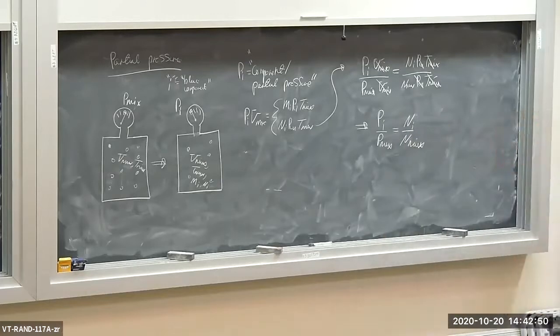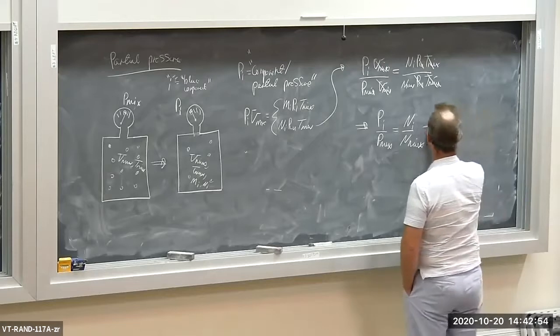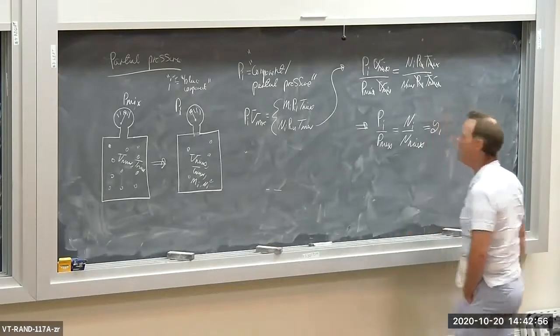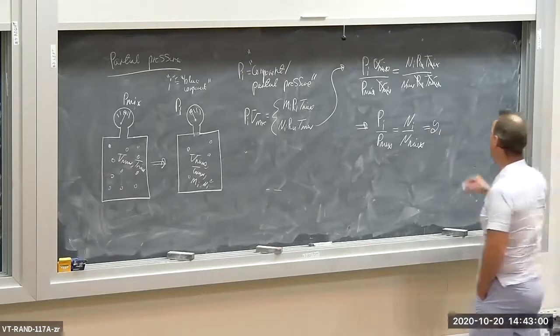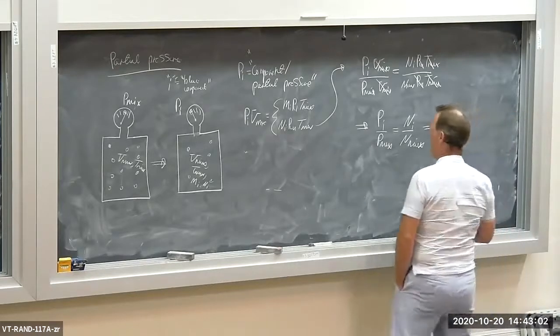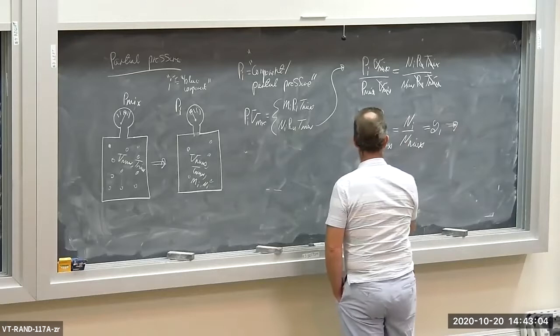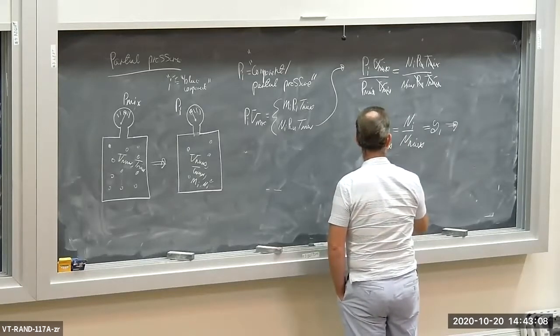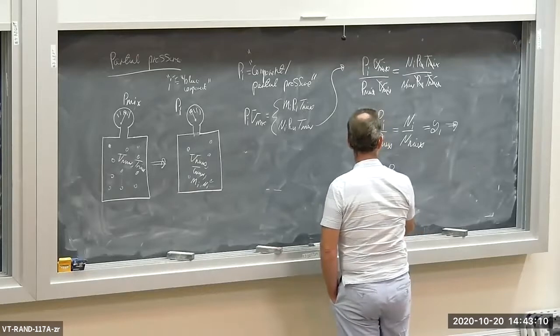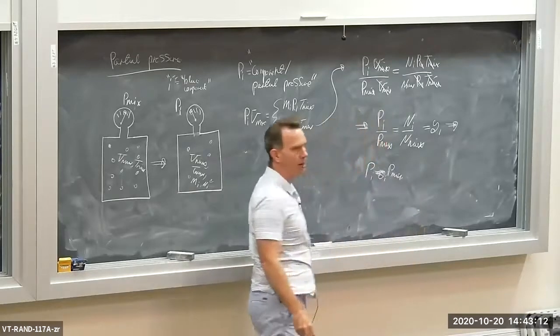Now, N_i divided by N mix is the mole fraction of the component i. So this is y sub i here. This is the mole fraction. In other words, P sub i is equal to P mix times the mole fraction of component i.